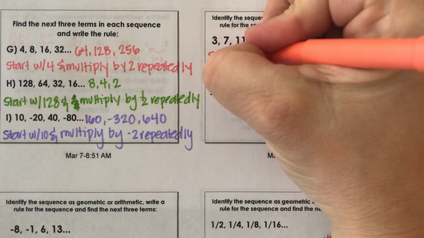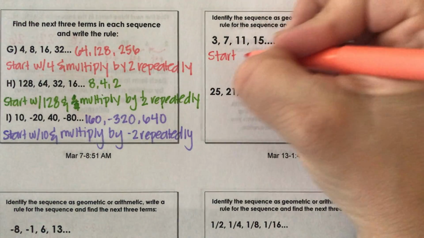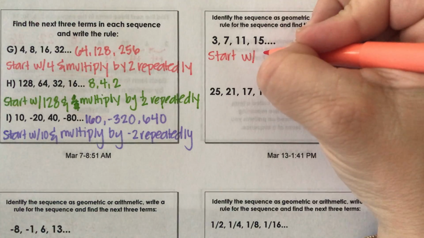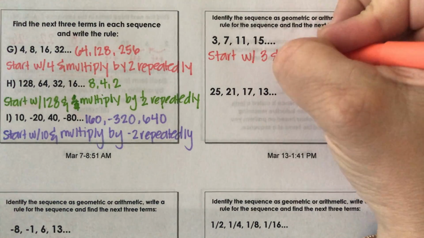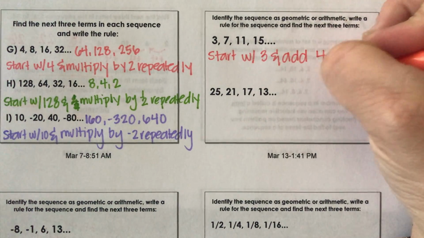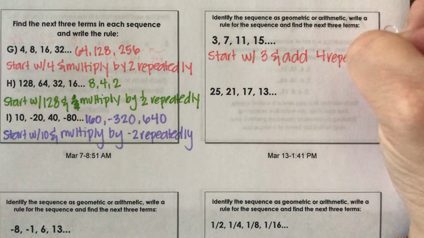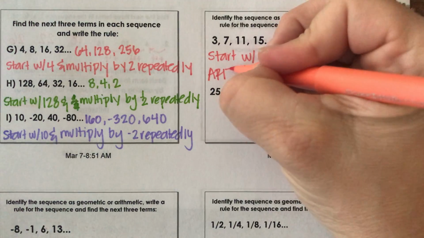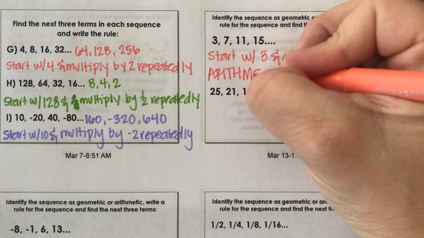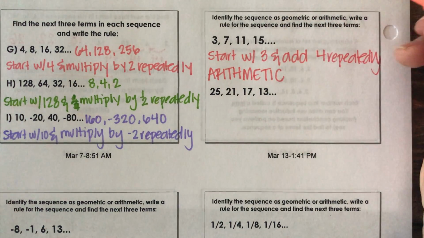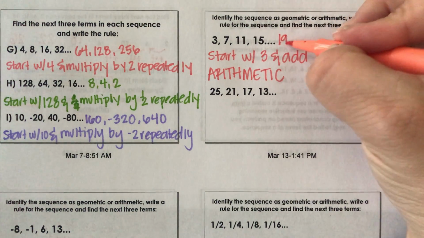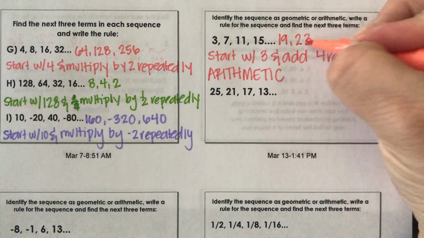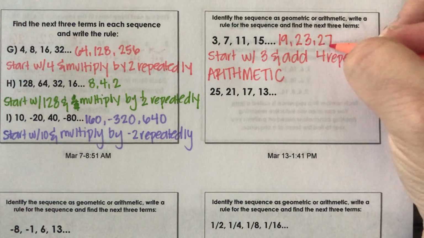So we'll say start with 3 and add 4 repeatedly. And if we're adding, that means it's an arithmetic sequence. So 15 plus 4 is 19, plus 4 is 23, plus 4 is 27.